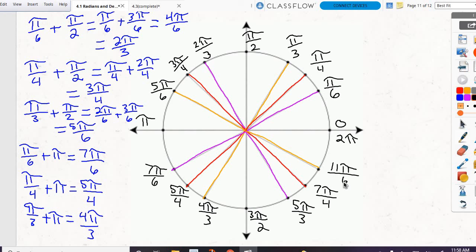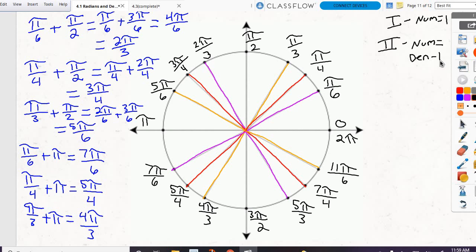So notice that in our first quadrant, it's just going to be that the numerator is equal to 1, right? In our second quadrant, our numerator is the denominator minus 1.